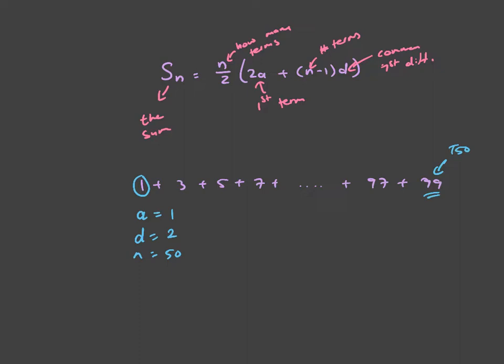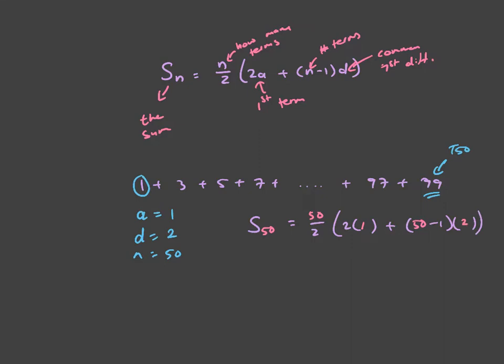So the sum of 50 terms is equal to n over 2, right? So it's 50 divided by 2, times (2a, and what is a equal to? A is equal to 1, plus n minus 1, and n in this case is 50, so 50 minus 1, times the common difference. What is the common difference? It is 2.